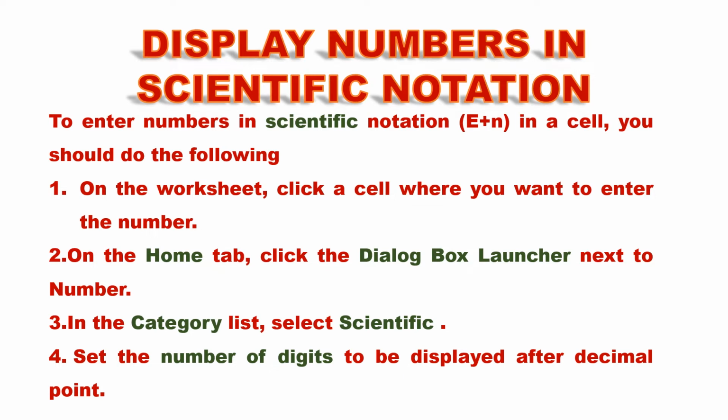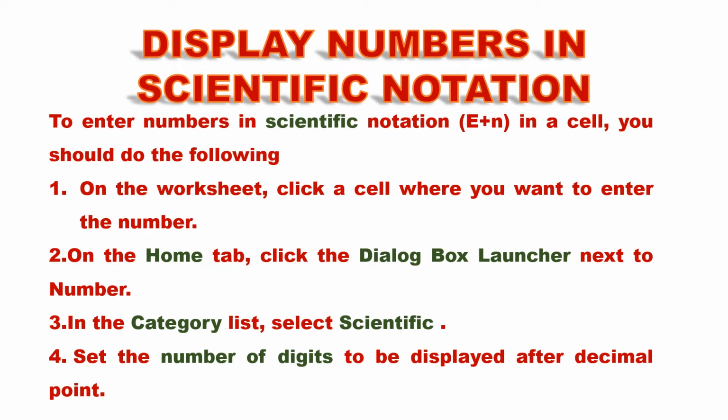Displaying the numbers in scientific notation is done by selecting the scientific option in the category list. After selecting the category list and the scientific option, you must specify how many digits are to be displayed after the decimal point.